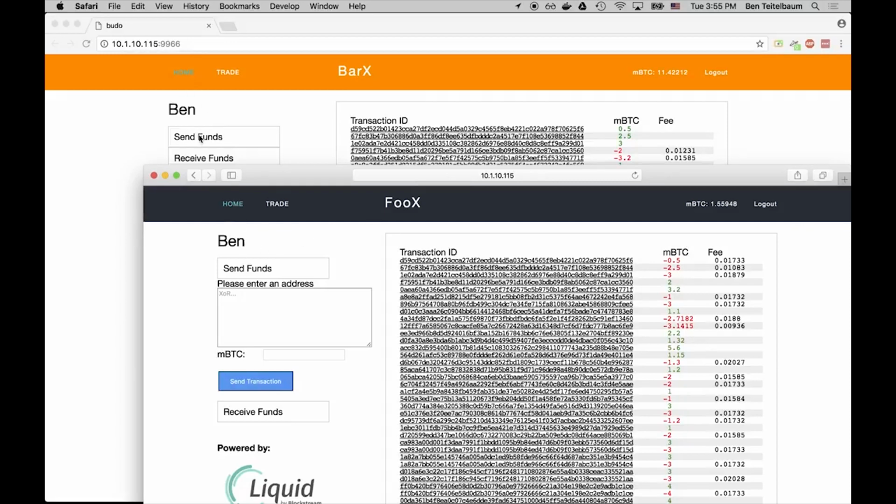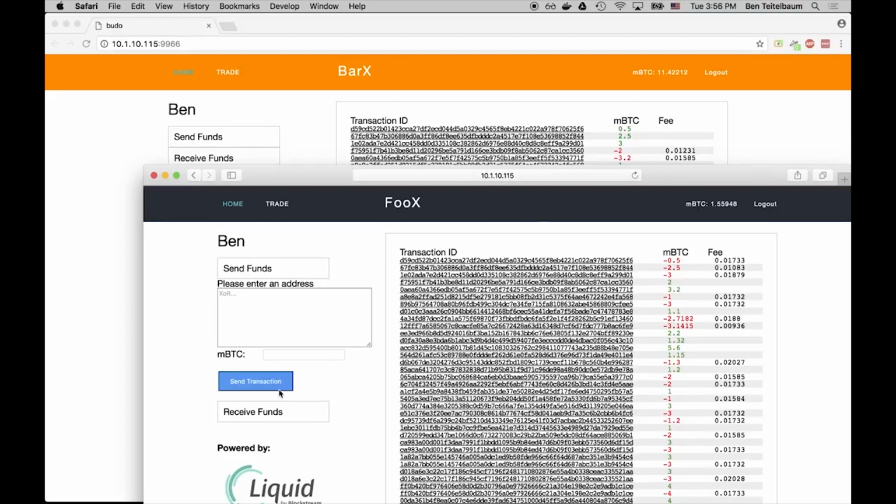And I am signed in to each of them as Ben and have a balance with each. You can see I have quite a bit more funds at BarX than FooX, so we're going to move some from BarX to FooX and demonstrate some of the features of Liquid, and then while those transactions are moving, we will talk about what's going on underneath the hood.